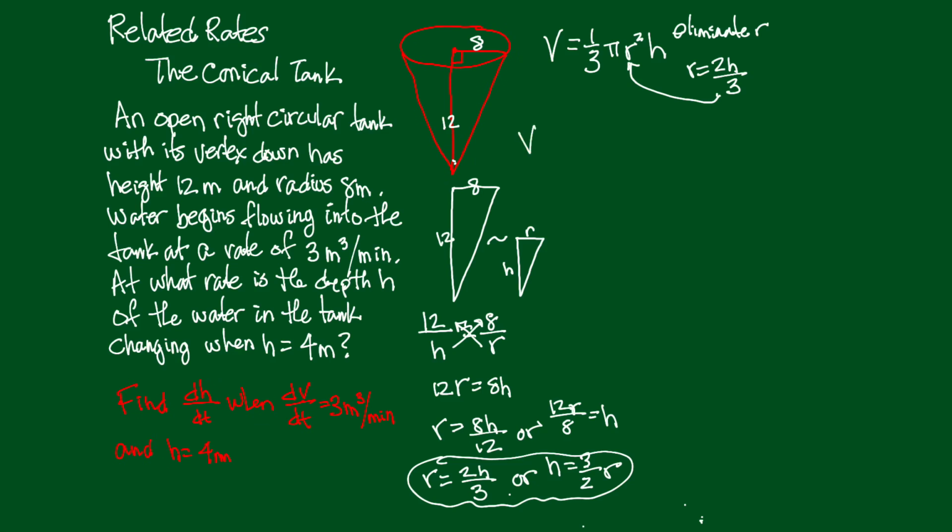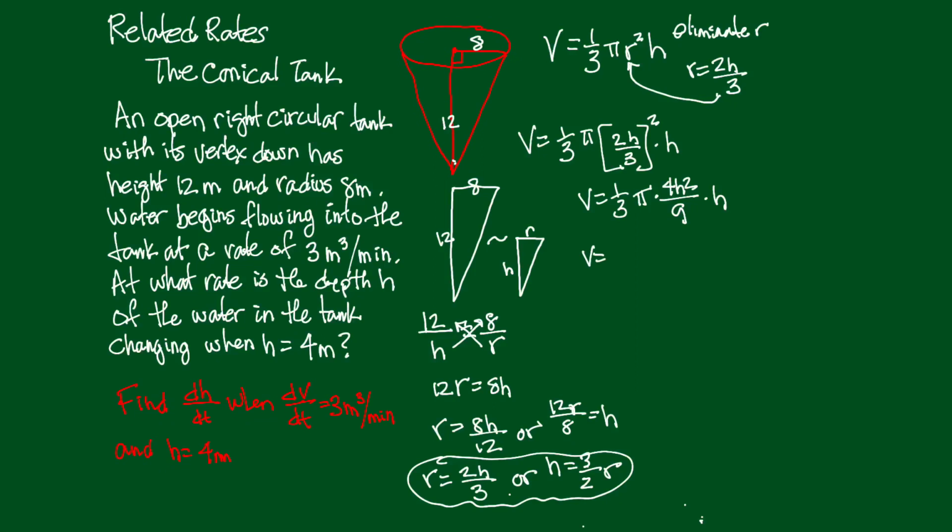So we're going to have V is equal to 1/3 pi, and then (2h/3) squared times h. Now let's square 2h over 3. We'll get 4h squared over 9 times h.